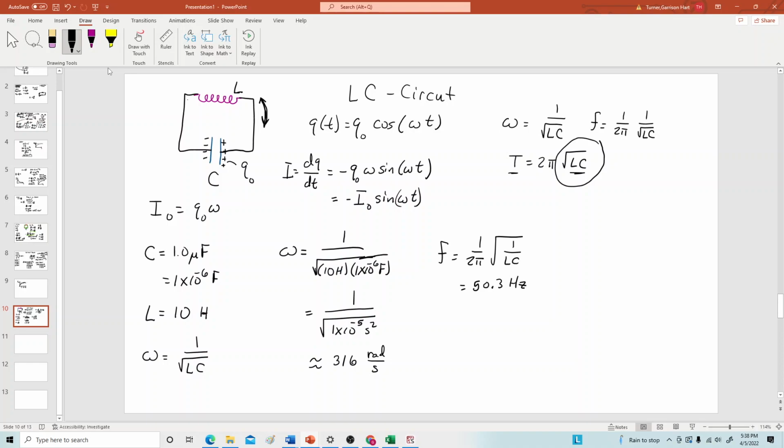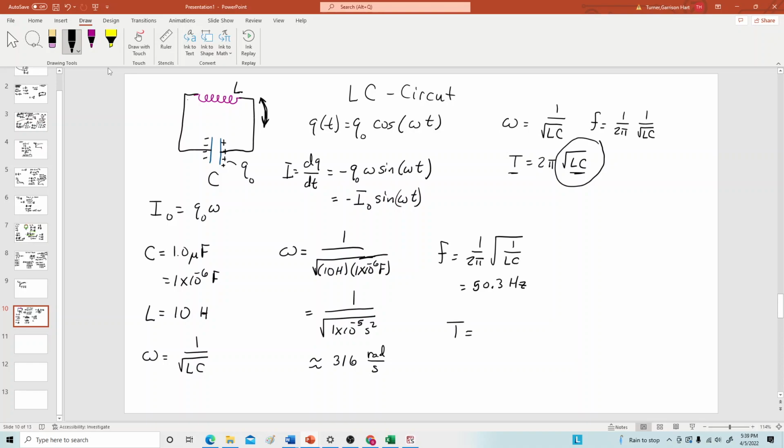So this is a very rapid process in this kind of situation. And the period is going to be very small.